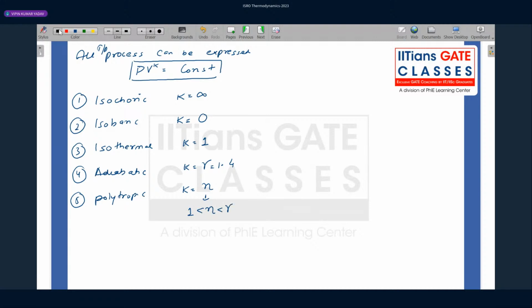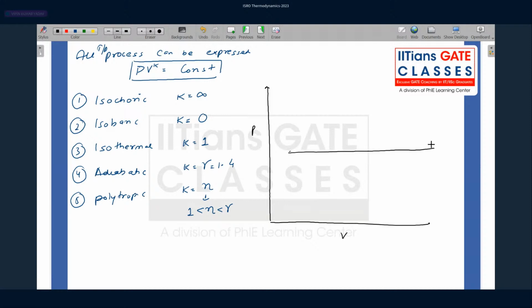Okay. Now, I hope you also remember how we can express these processes on the PV diagram. So if I have to show expansion, basically you see this process. If you can tell me what is the slope of this line? The slope of this line is K equals 0.